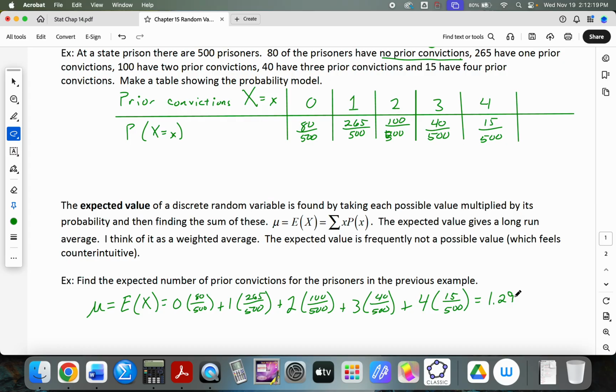That's how much you can expect on average to get. If I don't sell insurance to very many people, I may make a good amount of money, but I also may lose everything because I have to make one big payout to somebody.